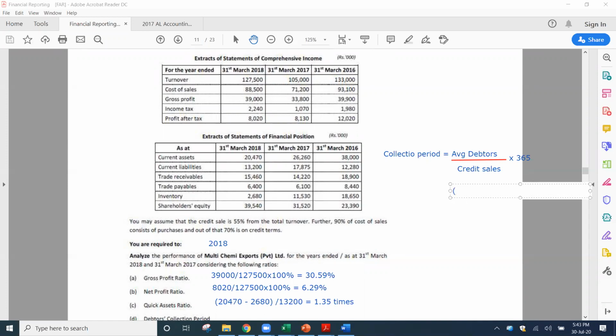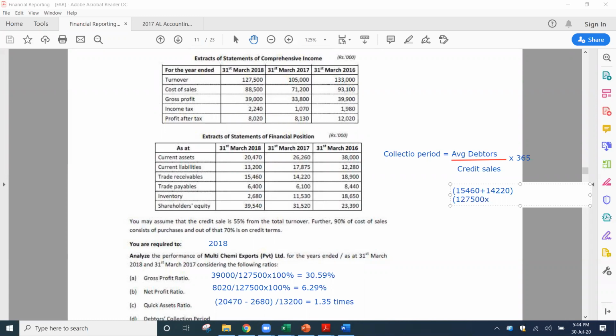Trade receivables 15,460 plus 14,220, divided by credit sales. There was a description regarding the credit sales. You may assume that 55% is credit sales. So total sales is 127,500.